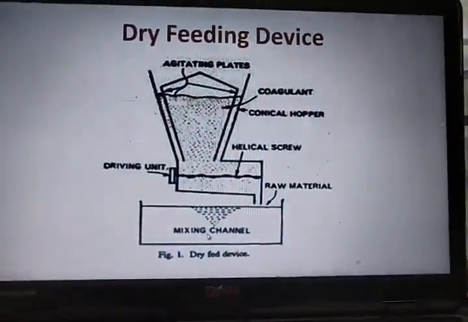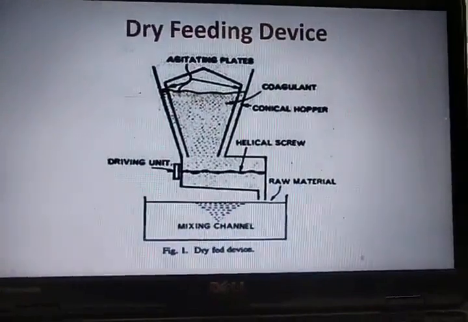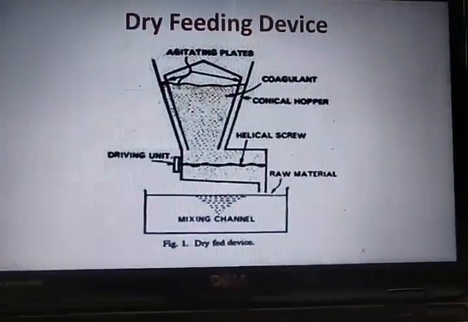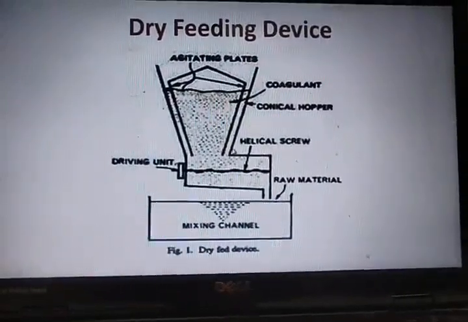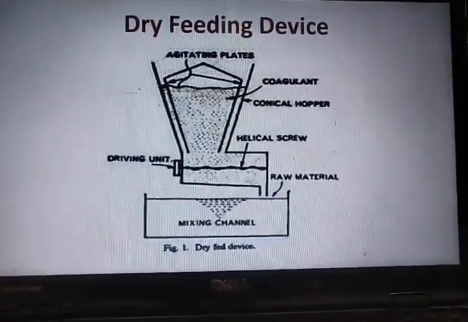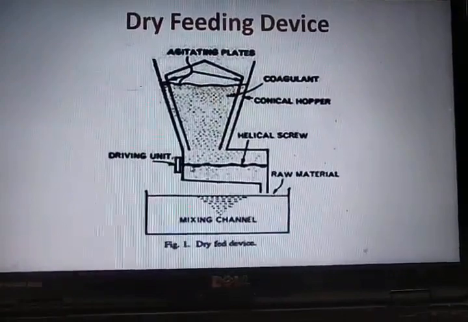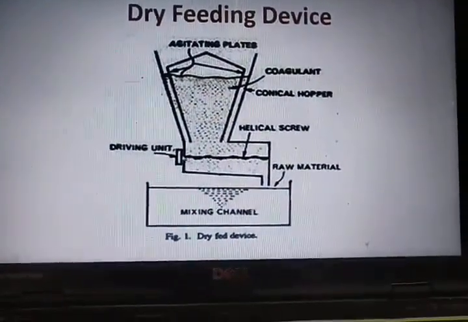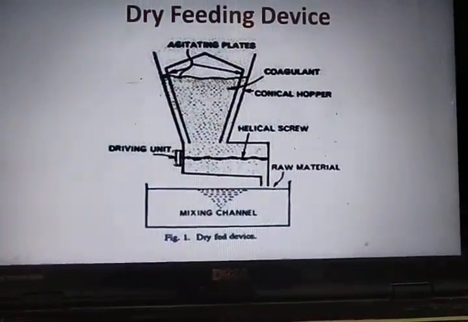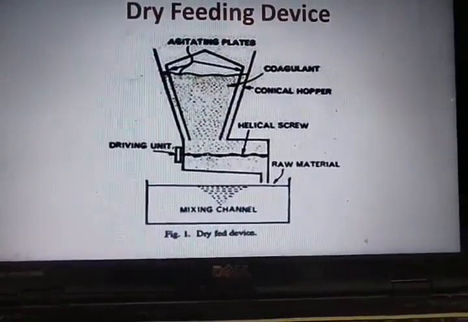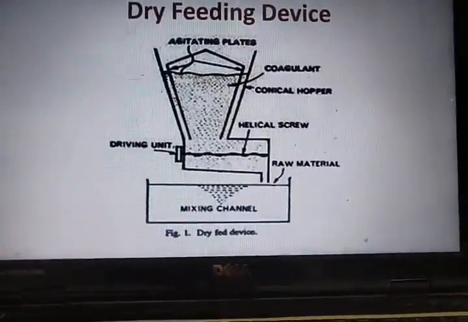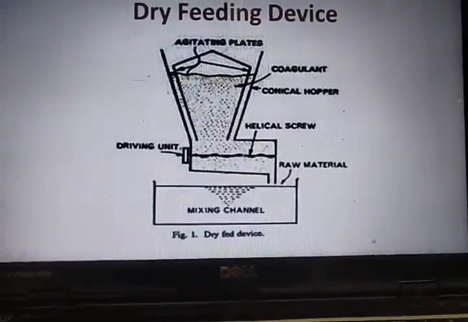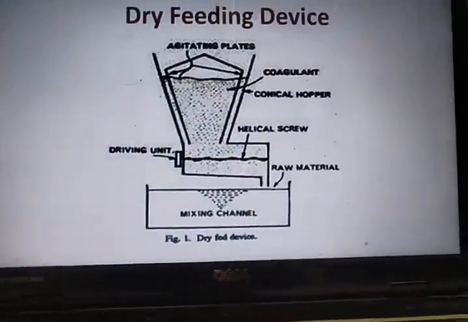Similarly, this is another dry feeding device. It consists of the same mechanism with the agitating plates and the feed, but the difference here is the replacement of the toothed wheel with a helical screw. This helical screw is attached to a dry unit which keeps rotating the helical screw, so that the powdered alum can be mixed well with the raw water.